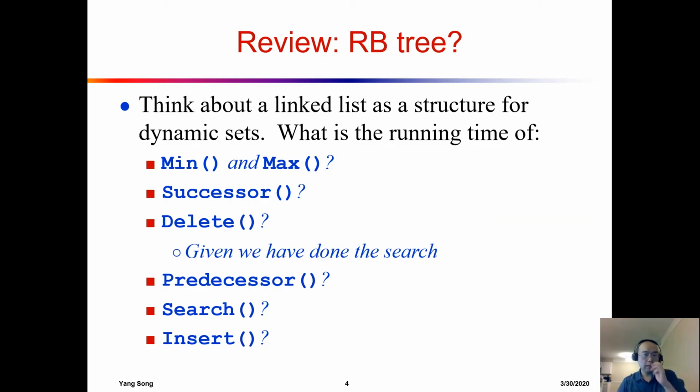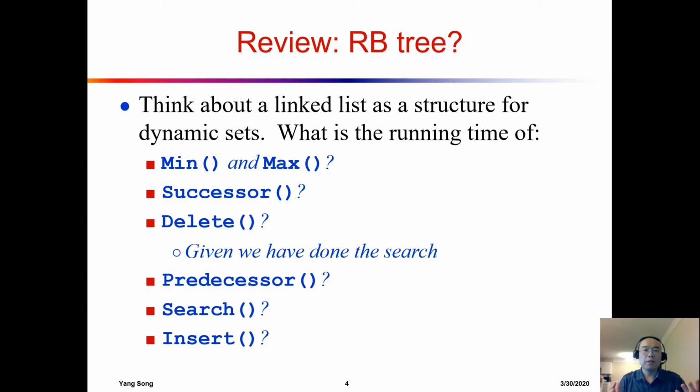Okay, and the next one, how about we implement the dynamic set with the red-black tree? The red-black tree is a balanced binary search tree, right? So what is the maximum and the minimum? If we have the root, and we always go left, go left, go left, we will find the minimum. If we always go right, go right, go right, we will find the maximum.